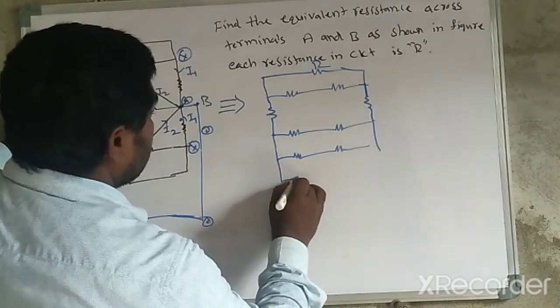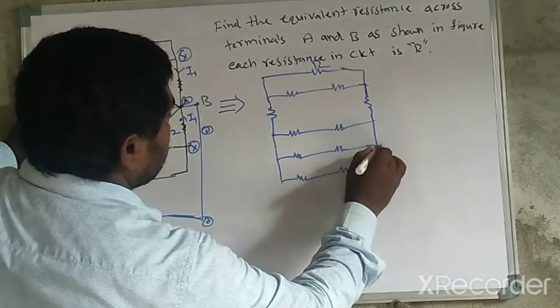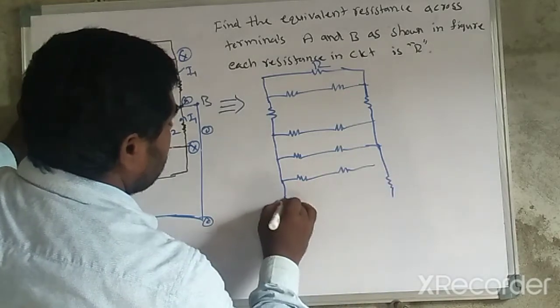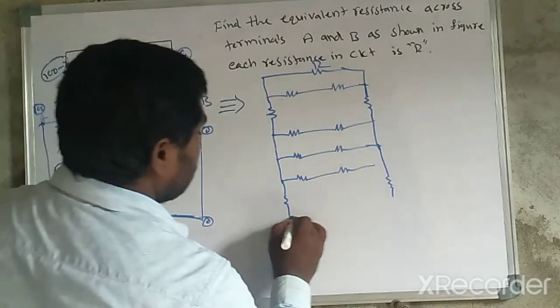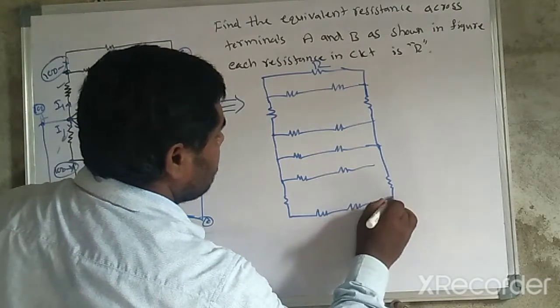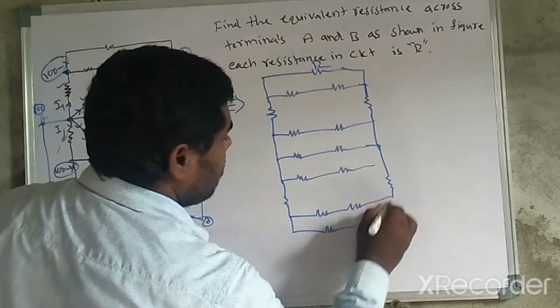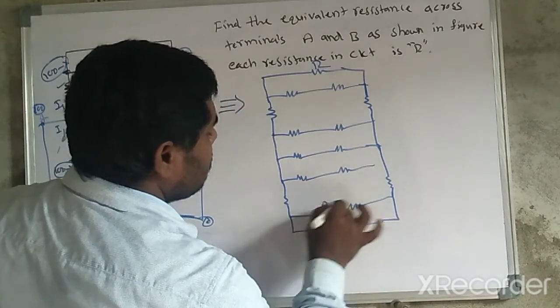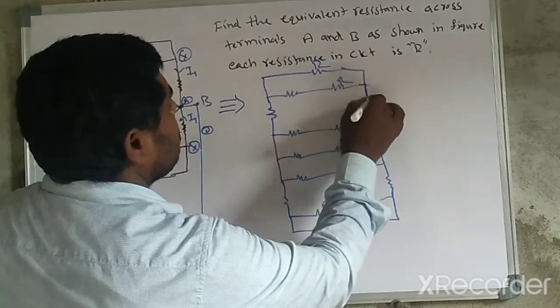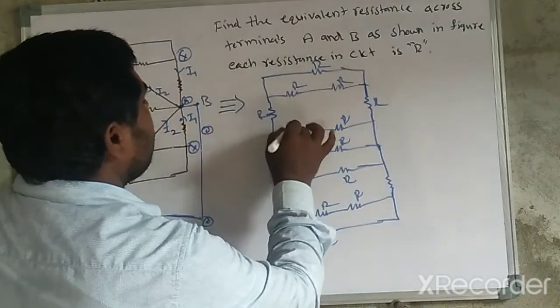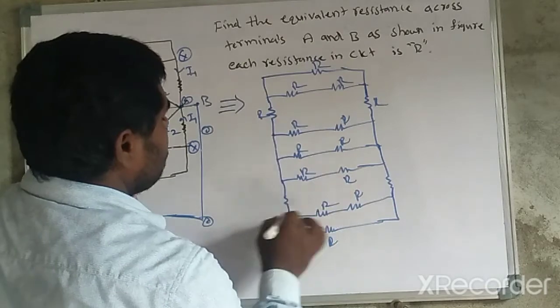So each resistor is now R. So now you may simplify easily.